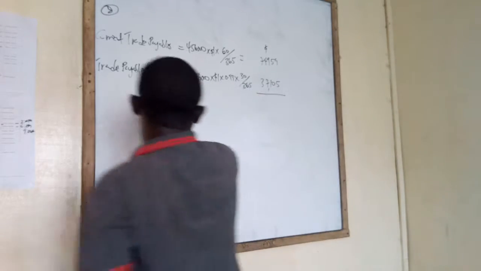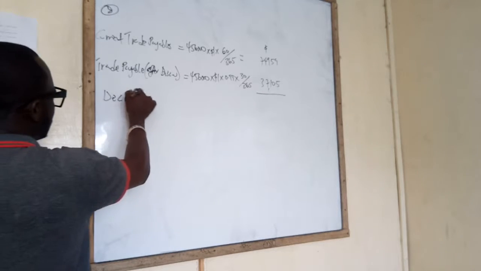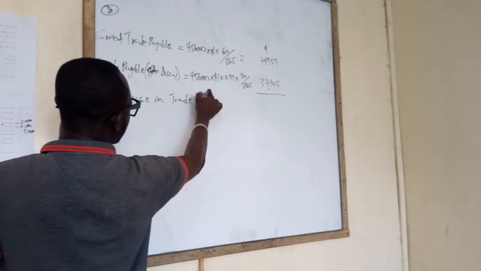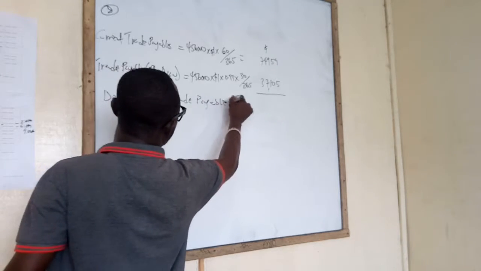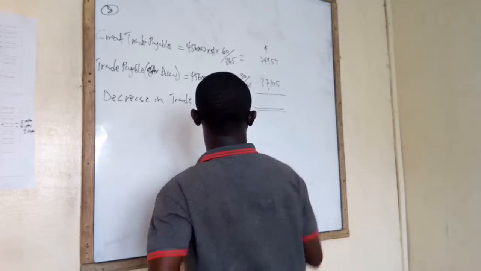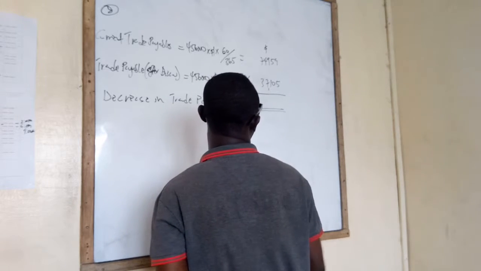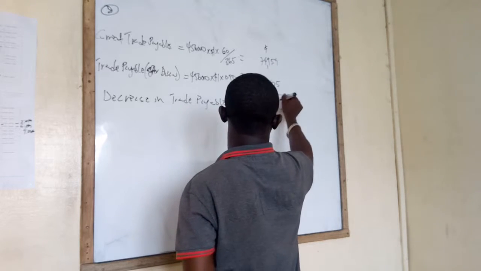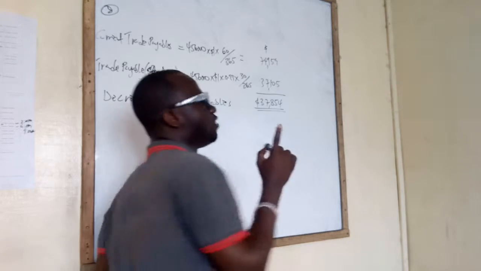Now listen carefully. When we accept the discount, there is going to be a decrease in our trade payables, right? Of how much? $37,854. Now listen carefully.